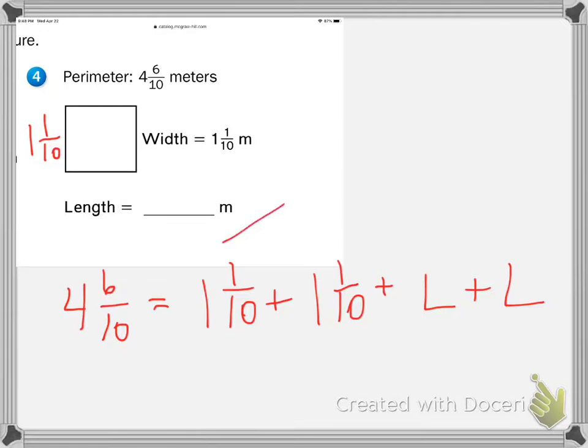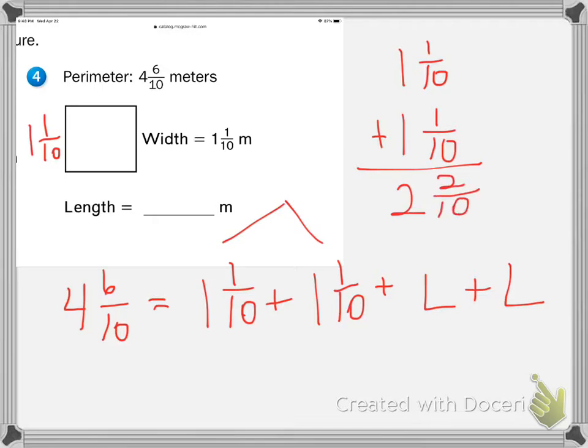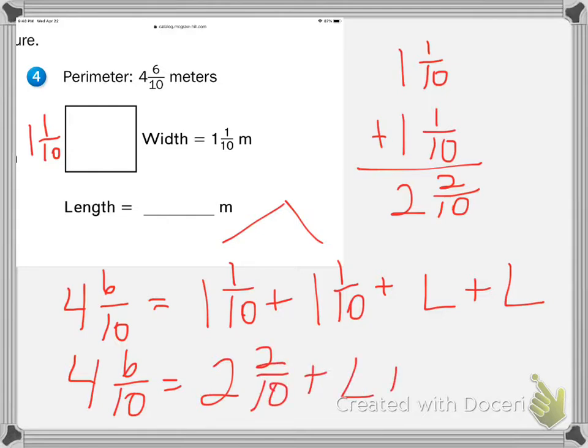All right, let's put these two together, 1 1/10 and 1 1/10. If I add these together, I get 2 2/10. So 4 6/10 equals 2 2/10 plus the length.